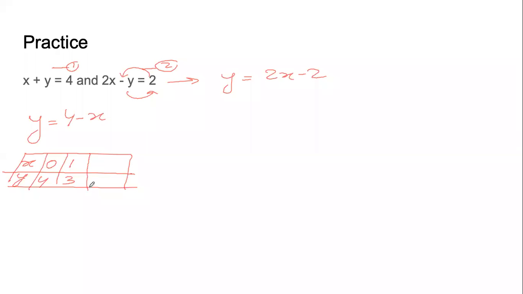Similarly, if I take x equals minus 1, so 4 minus minus 1, 4 plus 1 is 5. Remember, your textbook very nicely has advised you to use at least 4 such pairs. You will make it 4. I've shown you 3.